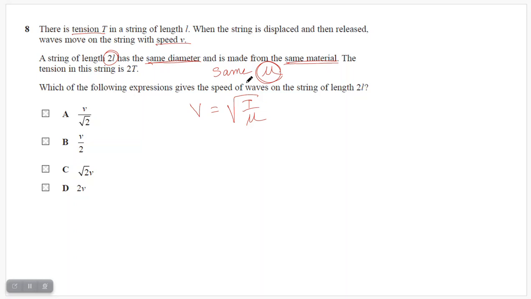Okay. So for twice L has no effect actually. What you have to look for is what happens to the tension. So the new V, Vn, equals root over, now the T has become twice T over, but since we have already established that the mu remains the same, twice T by mu.